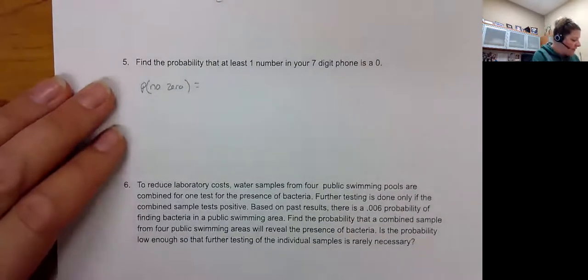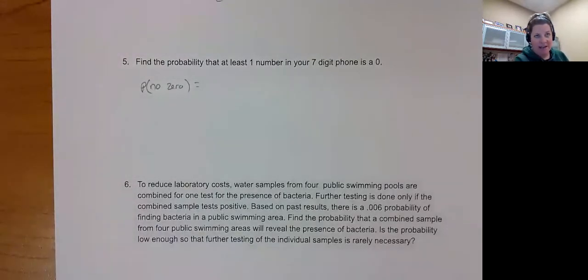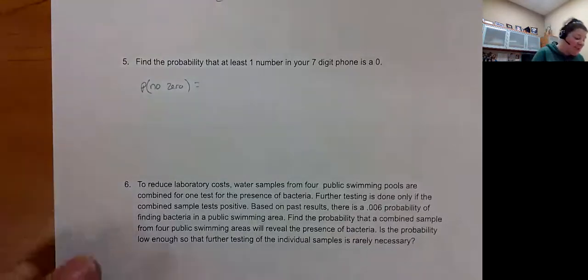So think about this. We have 7 digits. How many numbers can you put in for each digit? We can use 0, 1, 2, 3, 4, 5, 6, 7, 8, 9. There's 10 digits. If I take off the 0 to get no 0, I would have 9 digits.